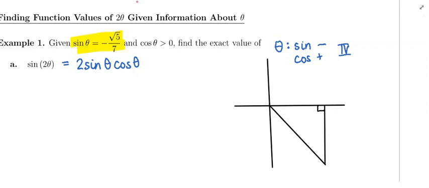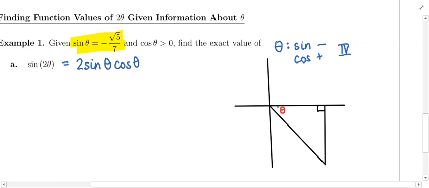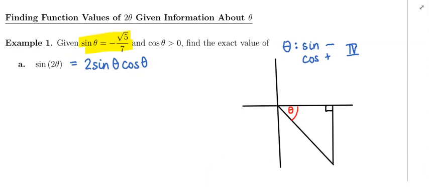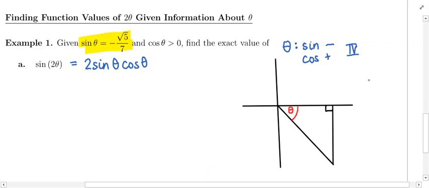Theta is the angle formed by the terminal side and the x-axis, so it's this angle right here. And we are told the value of the sine of theta. We know that the sine of theta is the negative square root of 5 over 7.